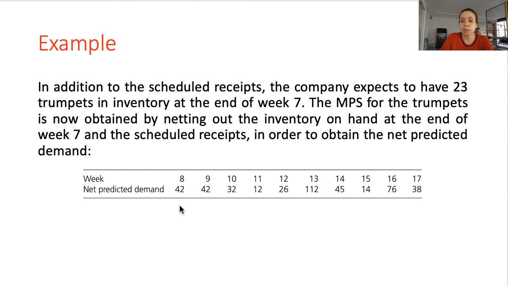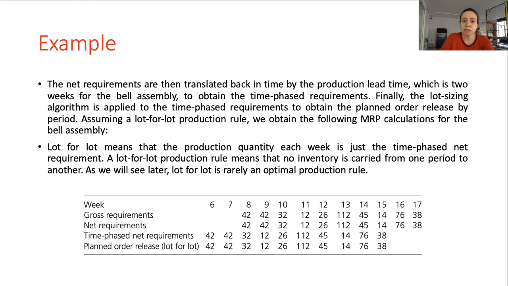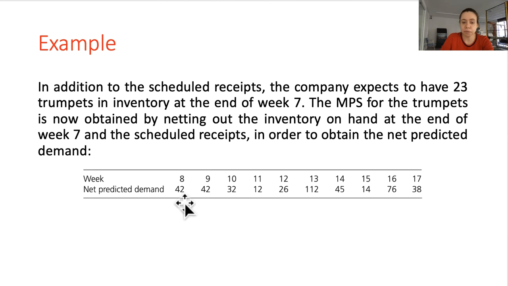So we will subtract this on-hand inventory and the amount of receipts from the forecast of 77, and here we obtain a net predicted demand of 42 for week 8. We do similar calculations for the rest of the weeks and obtain the net predicted demand just like in this table.